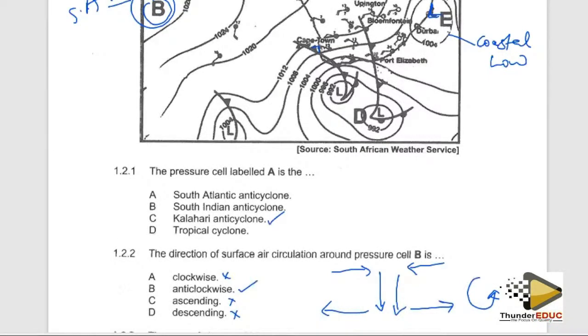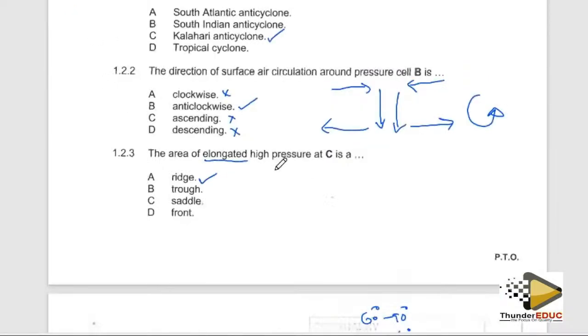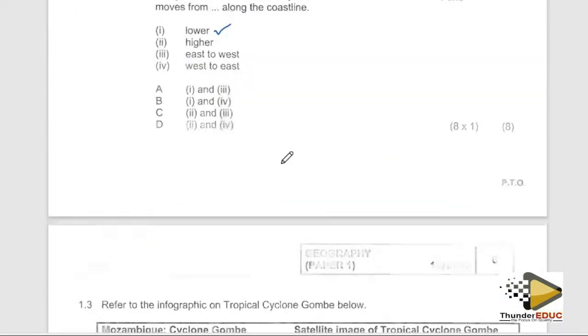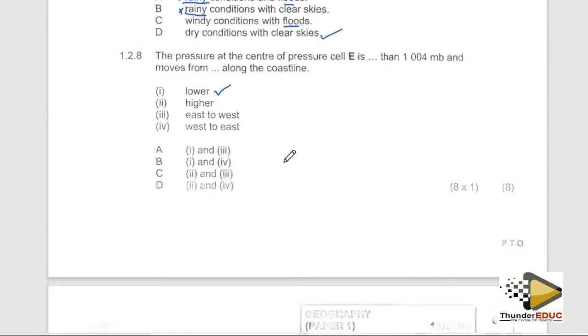It means pressure is decreasing as we move towards the center, which makes the pressure lower, or it is a low pressure, which makes 1 correct. 2 is not viable because they're saying the pressure is high. How do they move?